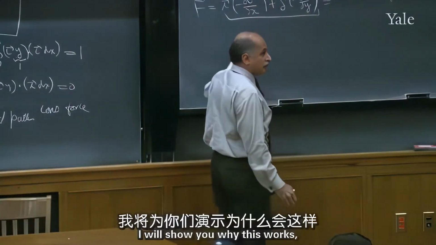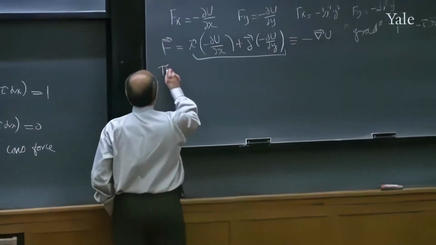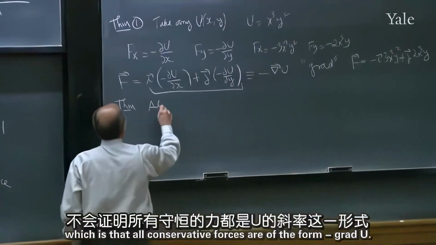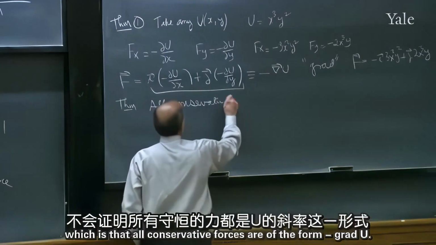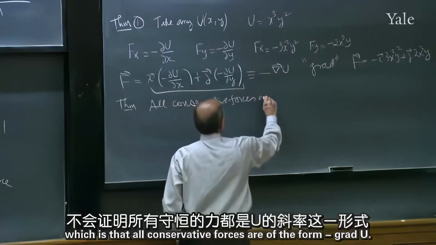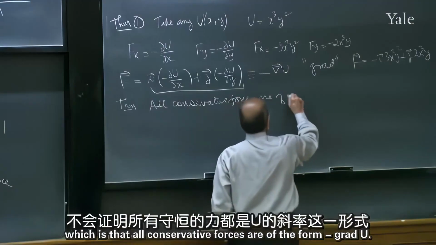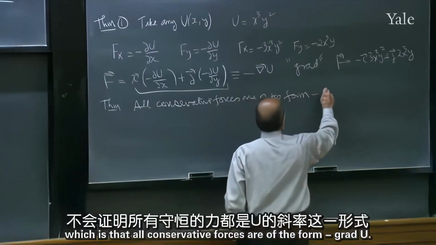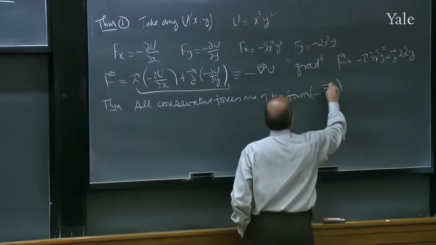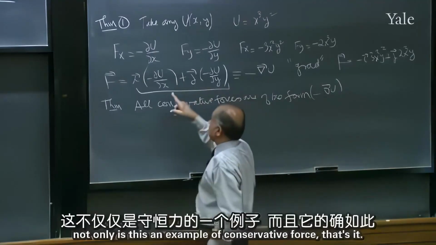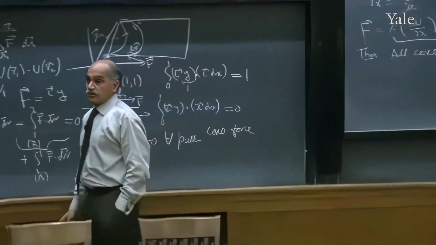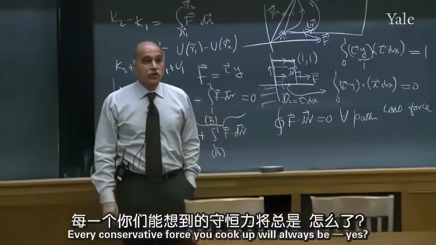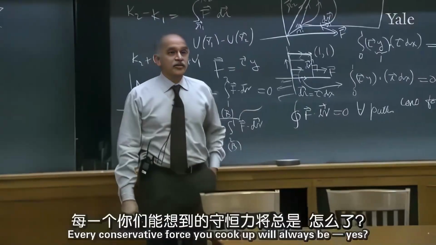I will show you why this works, but the second statement I will not prove, which is that all conservative forces are of the form minus grad u. In other words, not only is this an example of a conservative force, that's it. There are no more examples. Every conservative force you cook up will always be, yes?